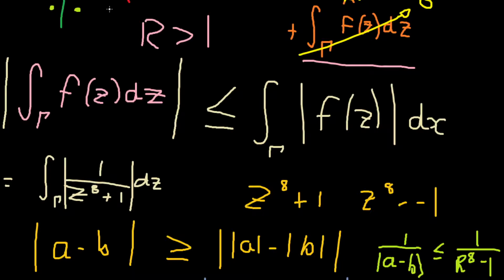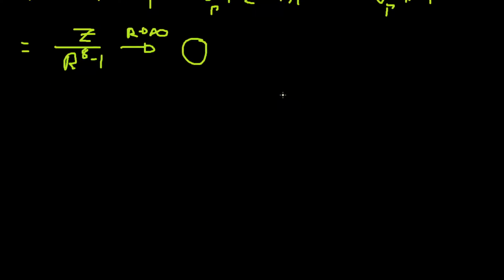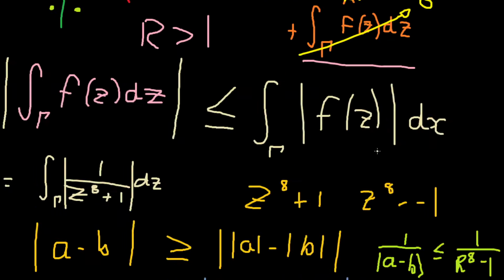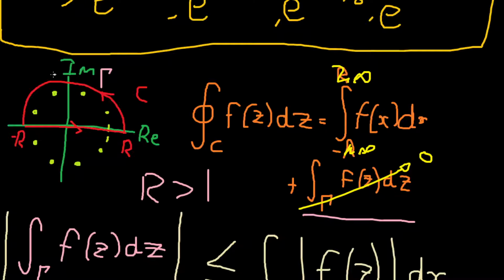Okay? Now Cauchy's residue theorem states that the value of a contour integral of f of z dz over the contour C is equal to 2 pi i times the sum of the residues of the singularities encapsulated within this contour.